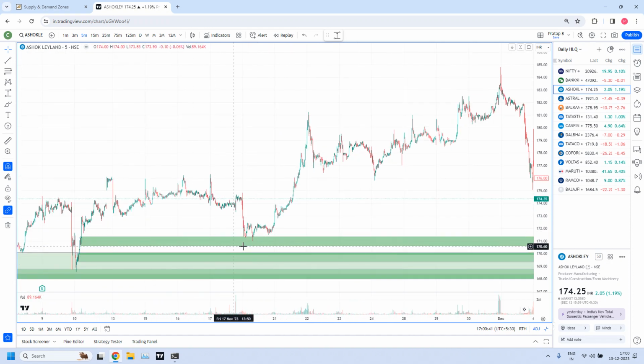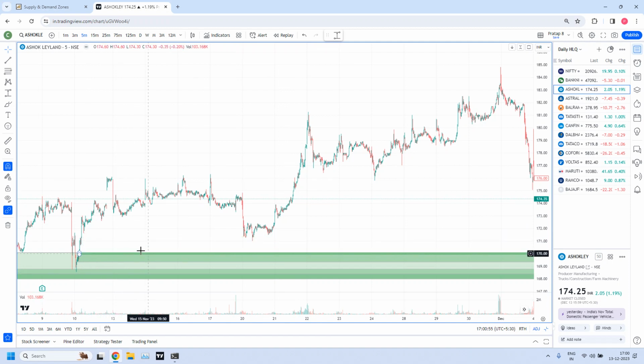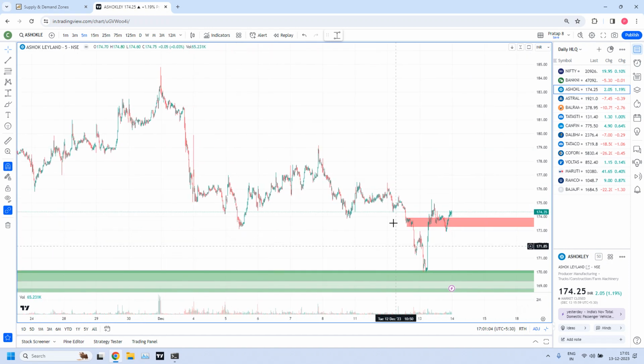When we have such entry buffers before the zone, we can go for aggressive trades. By the time the entry buffer is violated, most of the supply might have been consumed. And now what will happen? The pending orders in this 15 minutes area or the fine-tuned 5 minutes area can push the price up. That is what happened today.